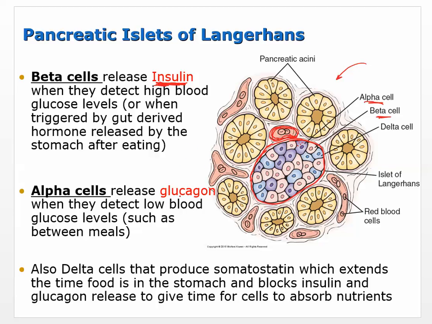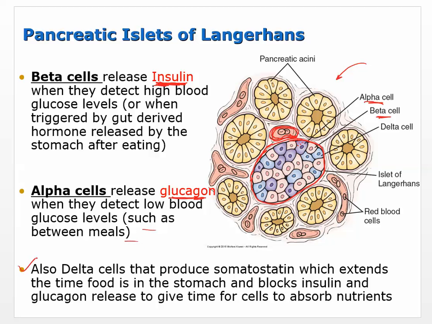Now, alpha cells release glucagon. When you don't eat for a long time, your blood glucose levels start to fall. So we release glucagon from alpha cells, and that will trigger the adipose tissue, primarily the liver and skeletal muscle, and say, hey, our blood glucose level is low. We need to increase the blood glucose. That usually happens between meals.